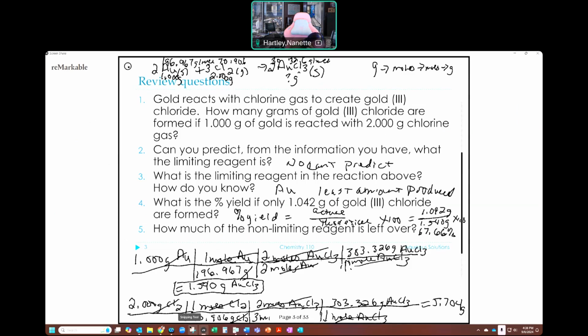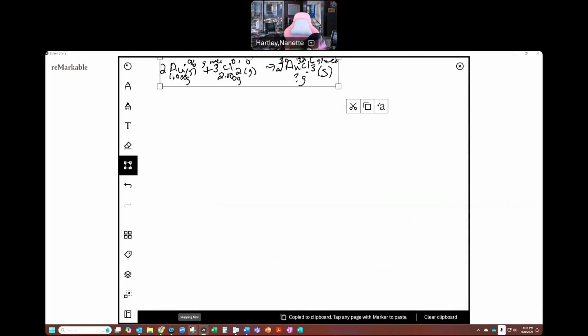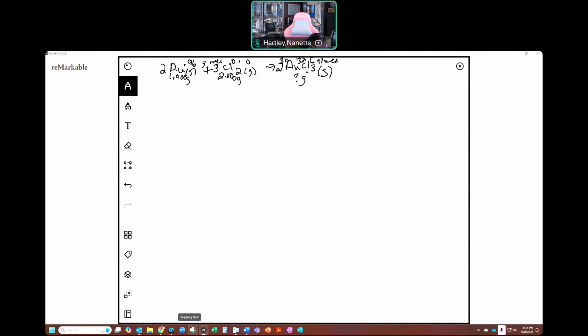I'm going to copy this right here, and I'm going to paste it over here because I can cheat. I get to do that. And I know, based on what I've done before, that this is my limiting reagent.